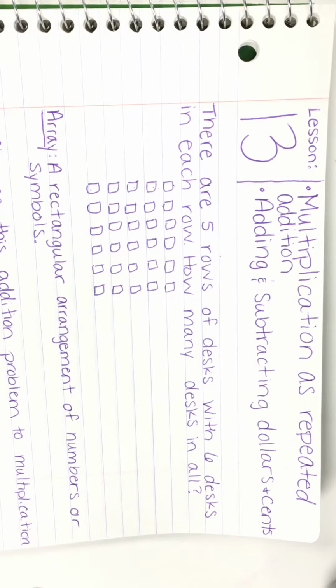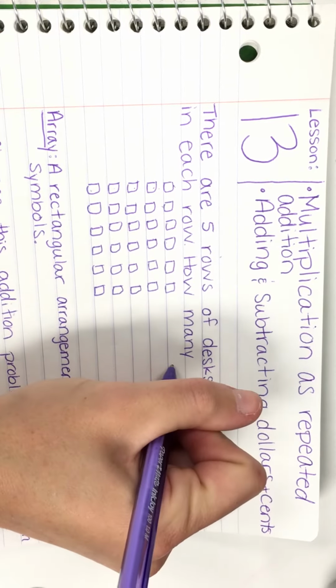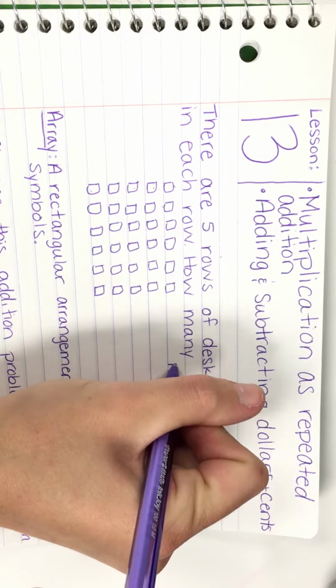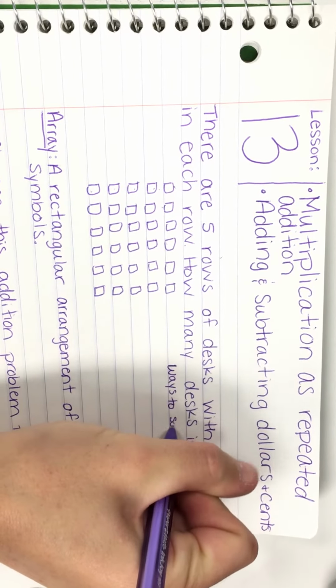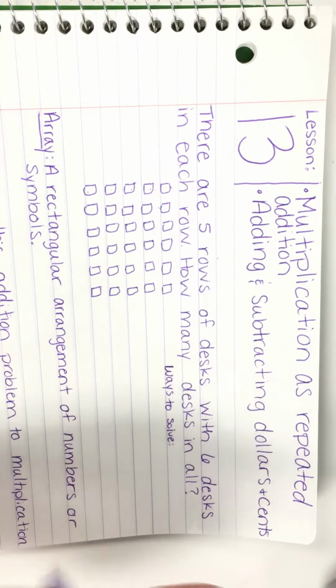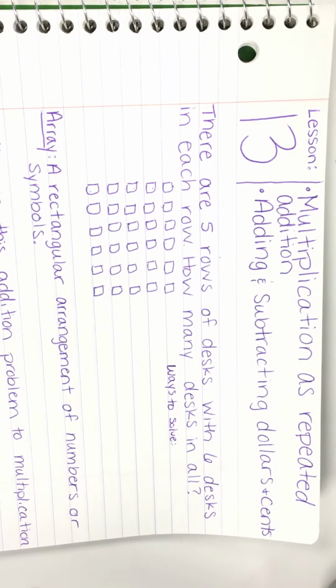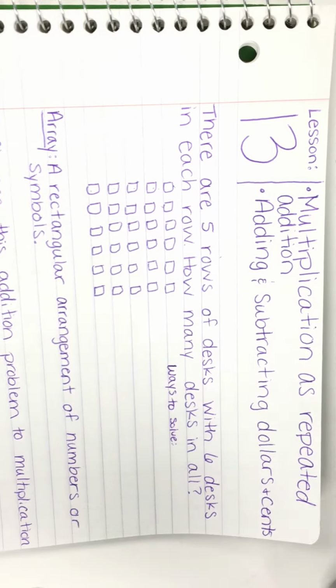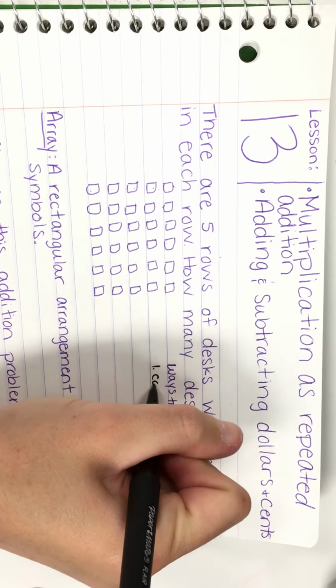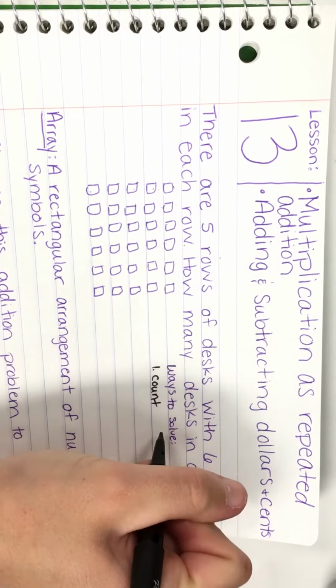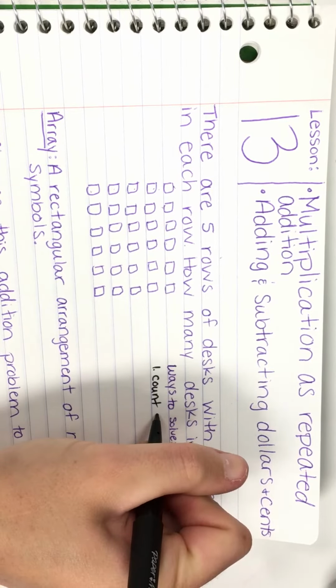Okay, so one way that we could solve it, we'll do ways to solve. One way is that we could count the desks all at one time.